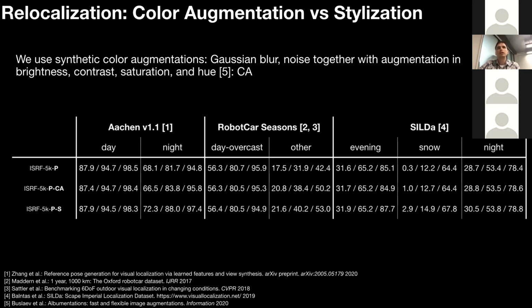The second model was trained on the same images, but with quite diverse synthetic color augmentations. And the third model was trained on stylized images. As we can see from this table, color augmentation can definitely help compared to the first model, but still it's not sufficient compared to the model trained on stylized images, especially for quite challenging cases such as the snow scene of the Silda dataset.